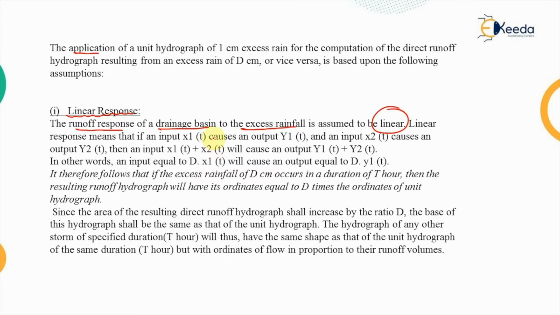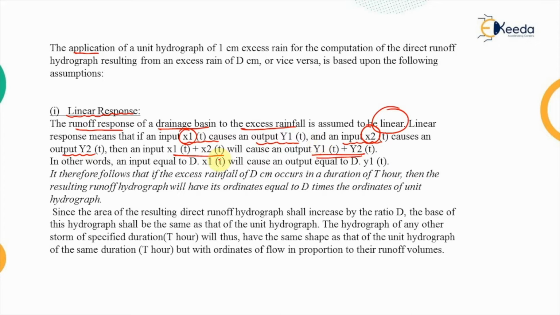That means if there is a certain input value of x1 which is causing an output of y1, and then there is another input value of x2 which is causing another output of y2. So if we combine both the inputs, then we will get the output as the combination of the other two outputs.